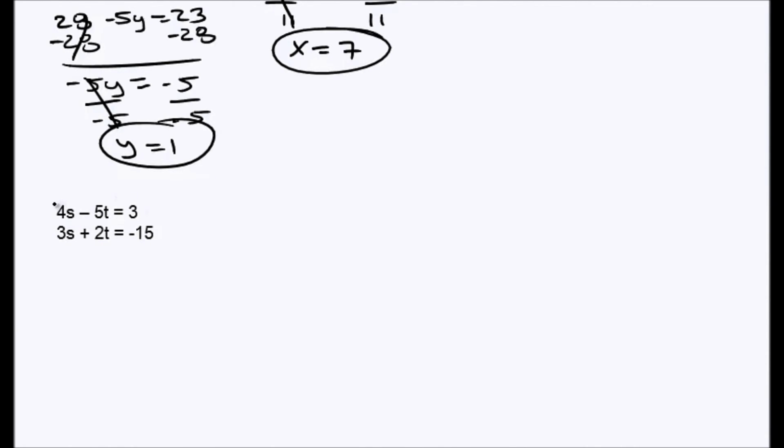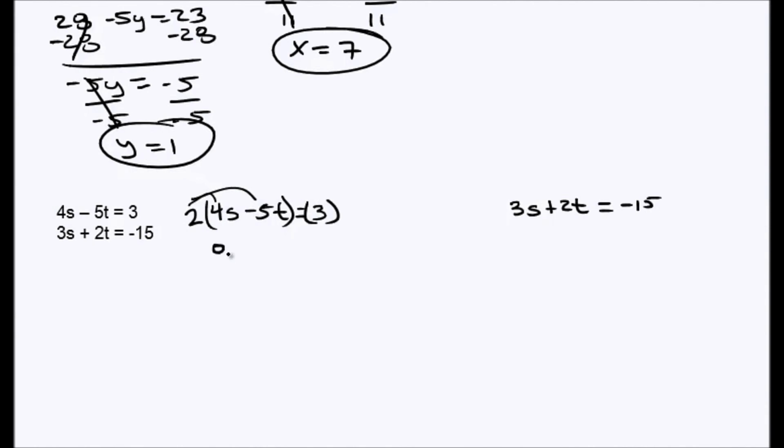Okay, so here I'm going to multiply. Let me write both equations separately. Okay, so I'm going to multiply both sides of this equation by 2.